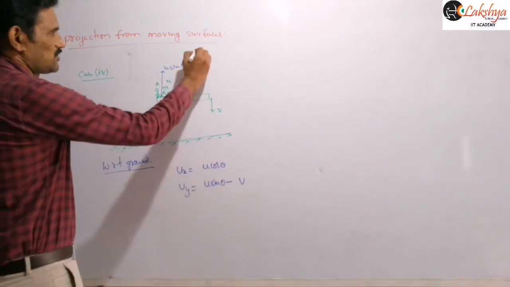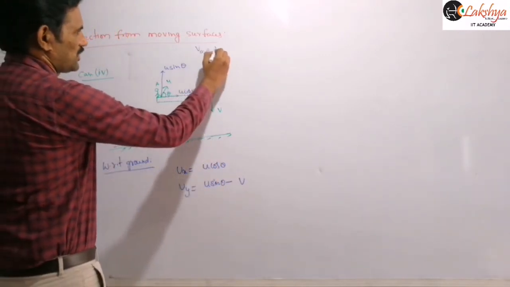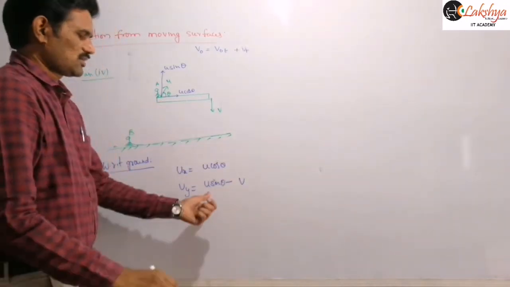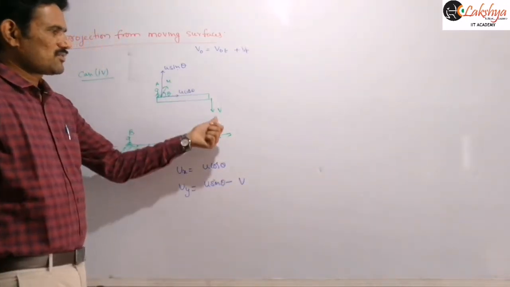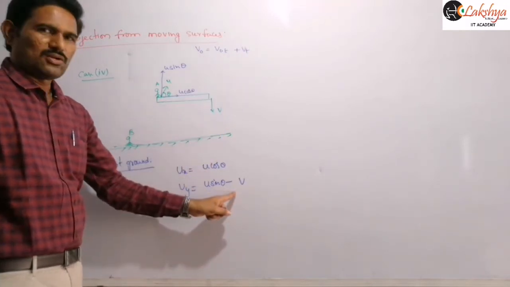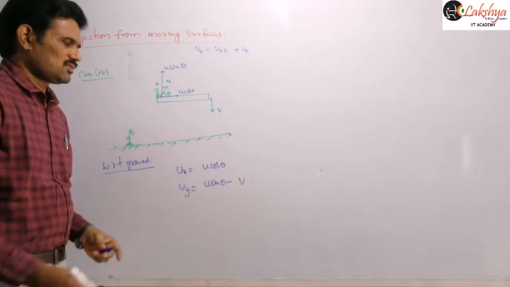Our relative velocity term, velocity of the object we can write as velocity of object with respect to the lift plus velocity of the lift. U sin theta is in upward direction, velocity of the lift will be in downward direction, so that here a negative sign we need to consider.